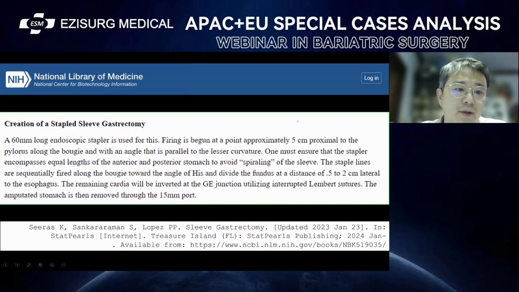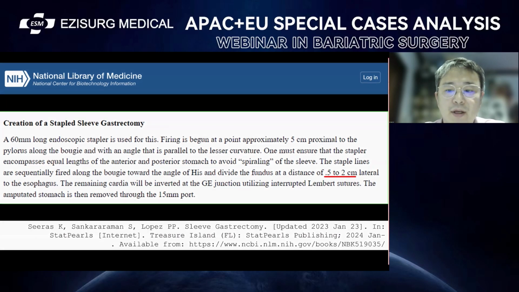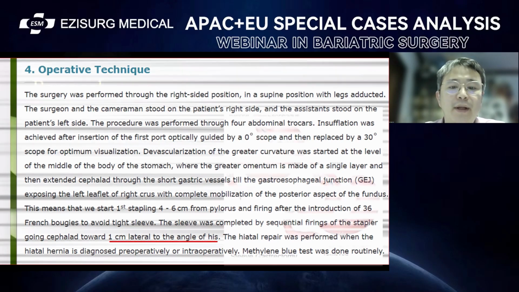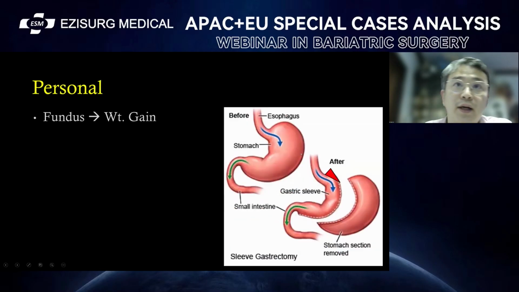When we talk about how far from the EGJ to cut, there are many papers, but the distance is around 0.5 to 2 cm, or some say just 1 cm. Normally we accept 1 to 2 cm, not more than 2 cm. But personally, I think the remaining fundus causes more weight gain.